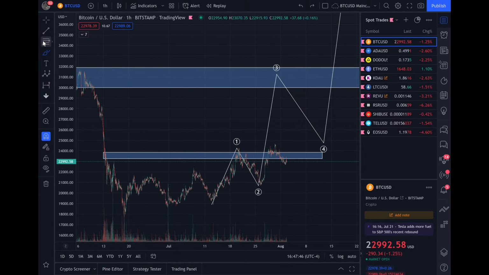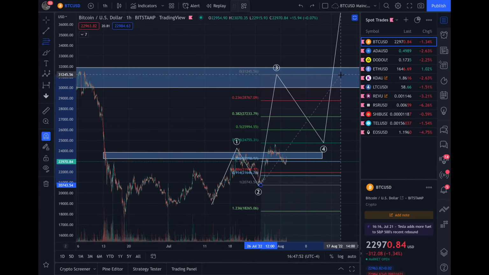And if you take your Fibonacci retracement from the bottom of this wave 2 to some region up there, you see the 0.618, which we should not break in an uptrend. At no point should we breach the 0.618 Fibonacci retracement in an uptrend. That's around here. It's very likely that you see this move. Would not be surprised if this played out.